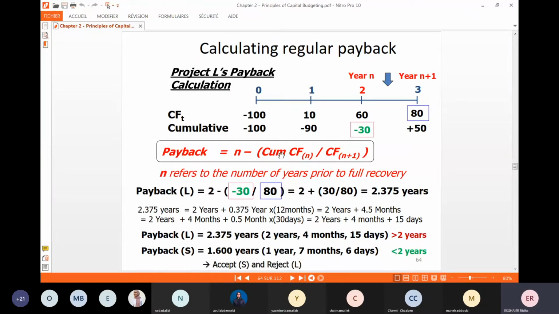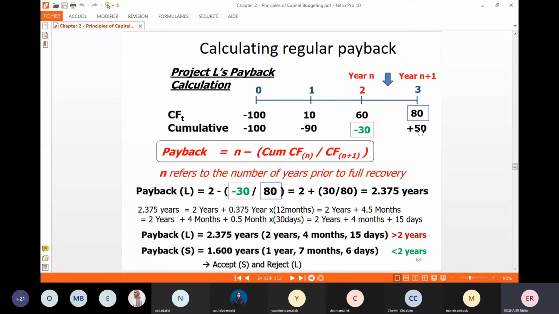So now I have this formula that will allow you to compute directly the payback. How? If you call n the date at which you have the last negative cumulative cash flow, n plus 1 is the date at which you have the first positive cumulative cash flow. It means that the payback is between n and n plus 1.